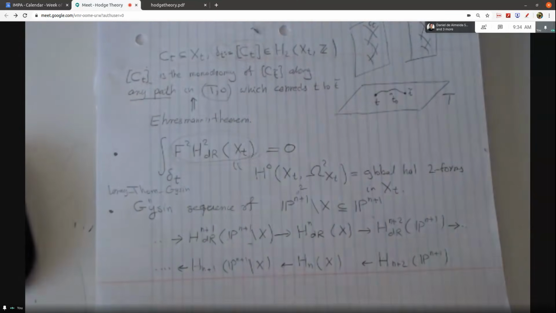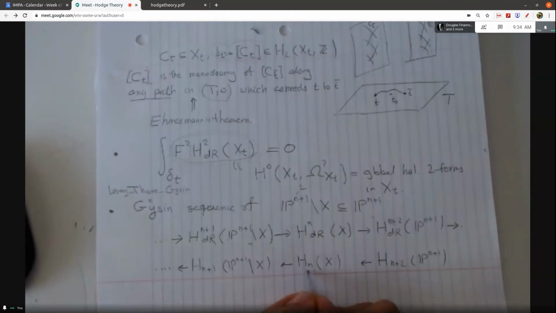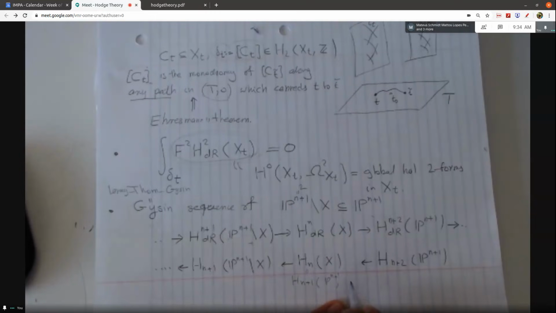Okay, so remember what has happened here. Remember that here we have H_{n+1} of P^{n+1} with boundary in P^{n+1} minus x.